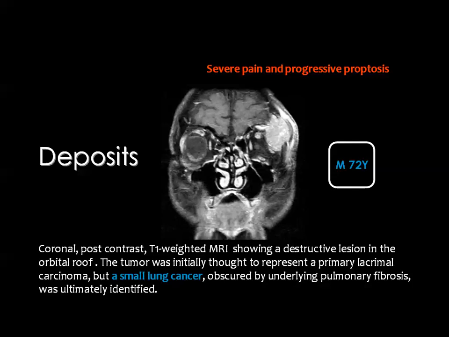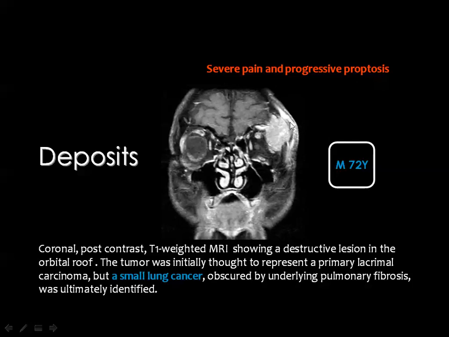Finally, we came to the metastasis. Metastases affect any part of the head and neck and any part of the skull base. The diagnosis usually depends on the clinical history of a known primary malignancy. But in this patient, there is severe pain and progressive proptosis.